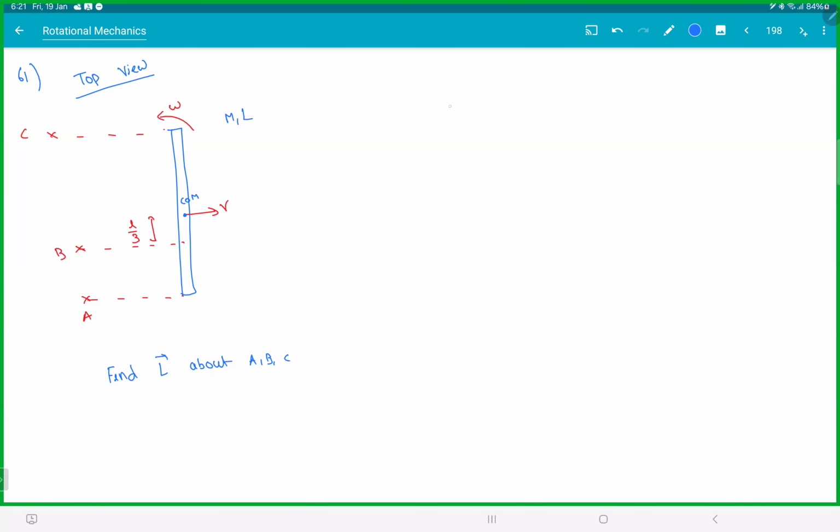Check your answers. MVL by 2 minus k cap plus mL square by 12 omega plus k cap.